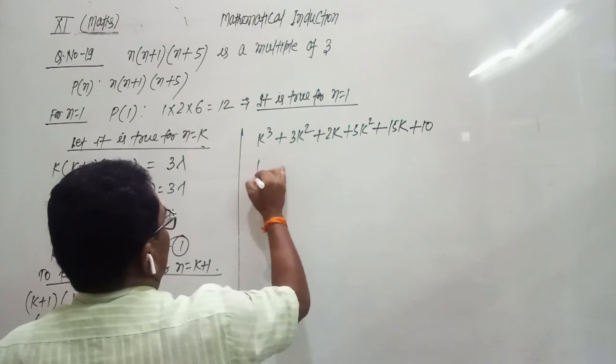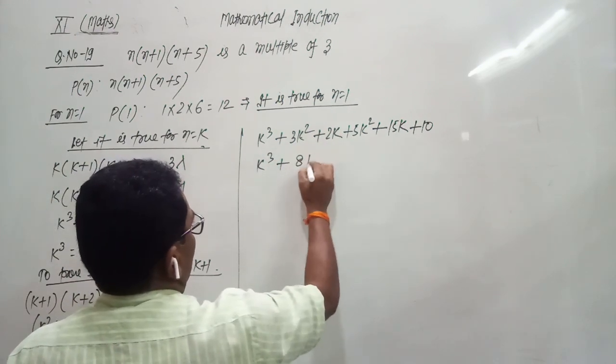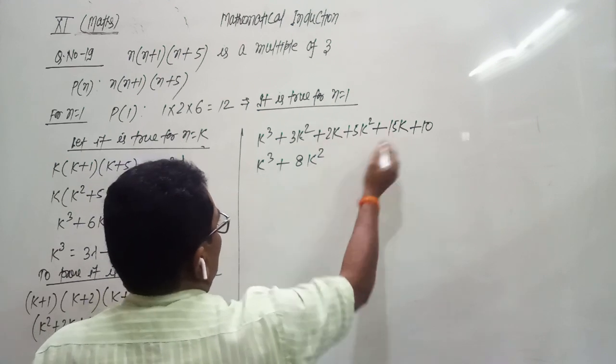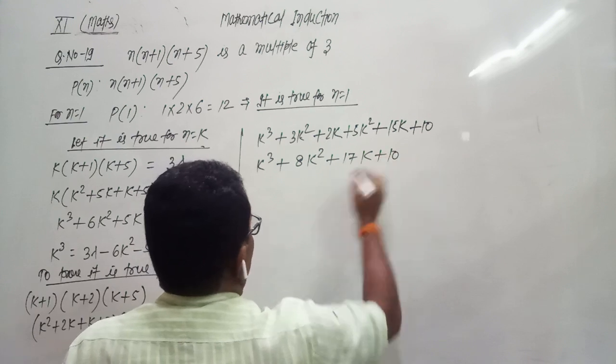So we are getting k cube plus 3k square plus 5k square, 8k square, 2k plus 15k, 17k, and plus 10.